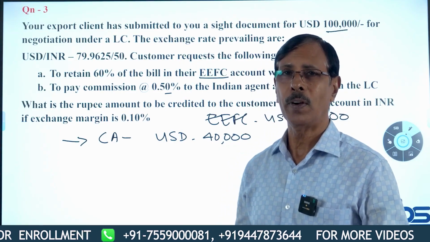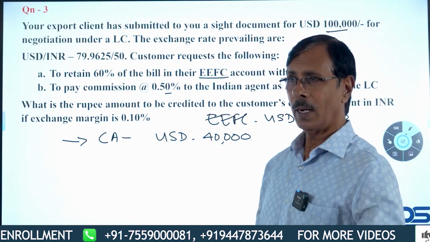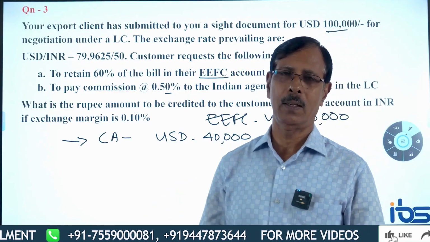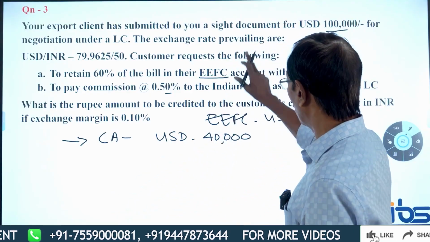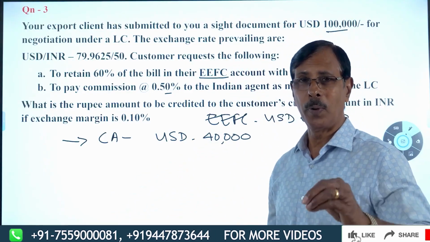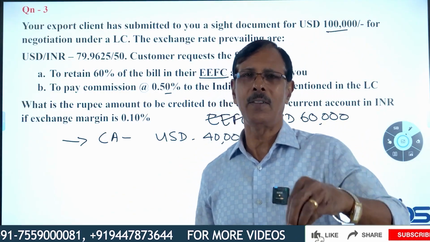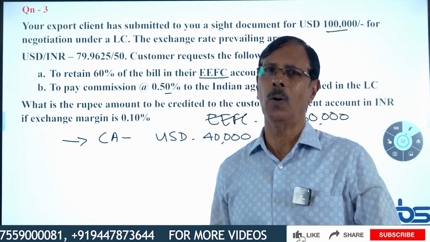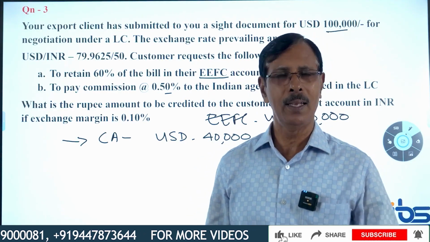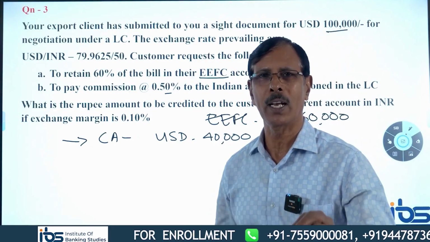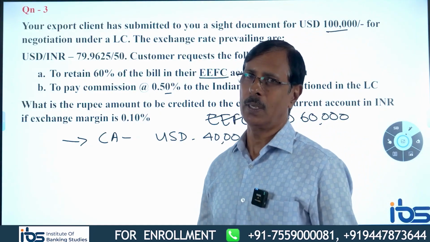So how much does 0.5% come to? Here the confusion is, on which amount do you calculate 0.5%? Whether on this 40,000 or on 1 lakh. It should be on 1 lakh, because the business canvassed or solicited by the broker is for $1 lakh, and he is eligible for 0.5% of 1 lakh. So 0.5% of 1 lakh comes to 500 USD.